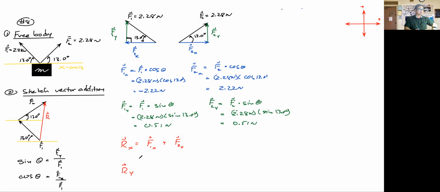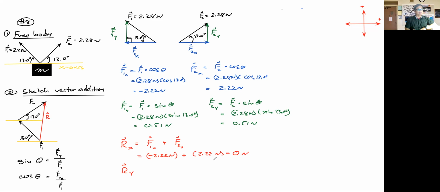That's a negative 2.22 newtons added to a positive 2.22 newtons, which gives us 0 newtons. So that's the x component, which means if you think of the right triangle, the x component here is the side adjacent.